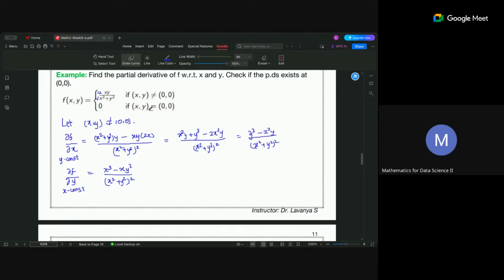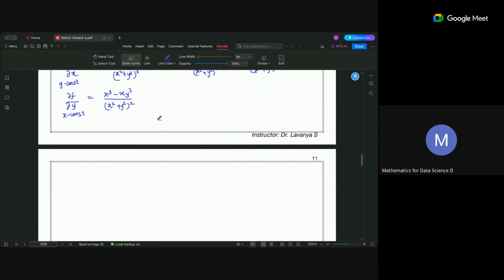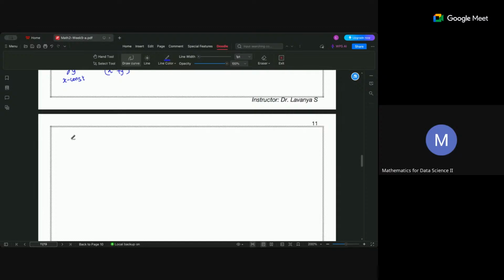Now let's do this by applying the limit definition. To find dou f by dou x at the point (0, 0), it is the limit as h goes to 0 of f(a plus h e1) minus f(a), divided by h. Why e1 and not e2?